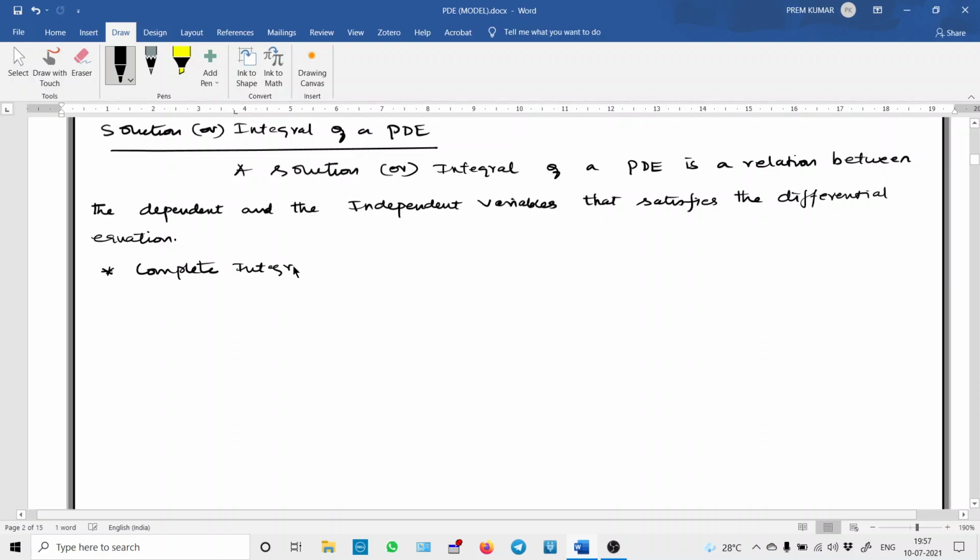The second one we call a singular integral. The third one we call a general integral. We can use the word solution in place of integral also: complete solution, singular solution, and general solution. Now we are going to discuss what they are and how to obtain these kinds of solutions.